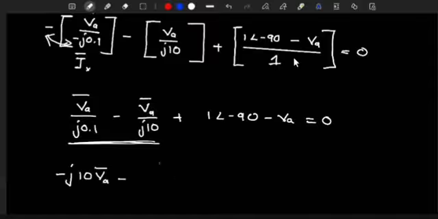Minus. For the second part here, J goes up, it becomes negative, so the negative will make this positive. Then 10 divides into 1 to give us 0.1. Do you agree? Yes. Then this will still be 1, phase minus 90, then minus VA.